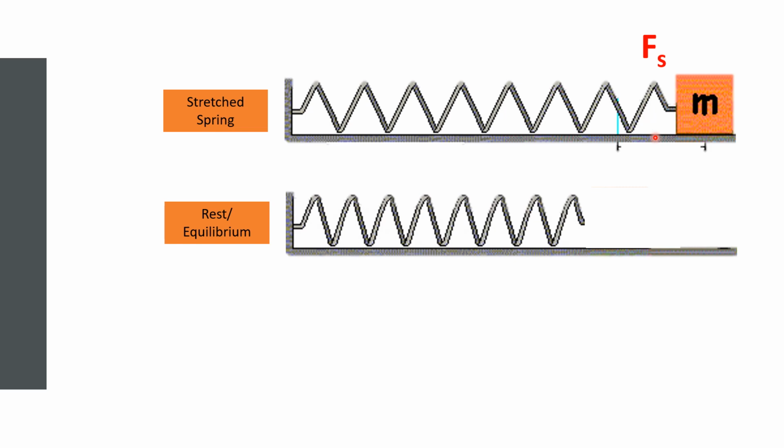The direction of our restoring force to move it back to equilibrium position will be going left. So, in this case, the value of our Fx or restoring force will be negative.